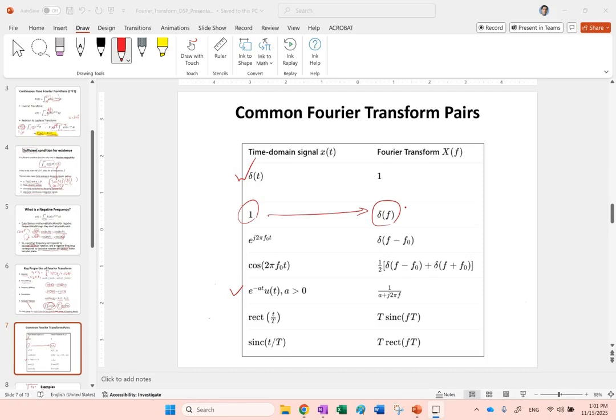So that is not really the kind of normal function that you might want to deal with, but we can use that spike at 0 to say that this is for x of t equal 1, or for that matter, any constant value. The frequency version of that is that same constant, whatever it is, times delta of f.